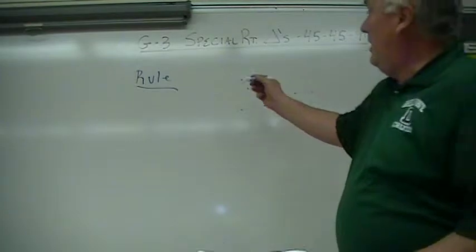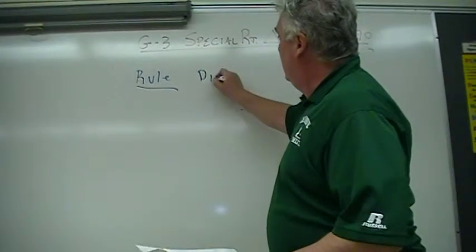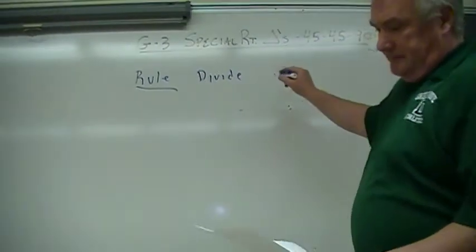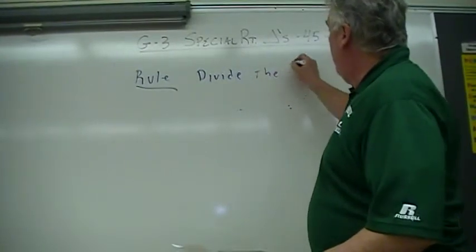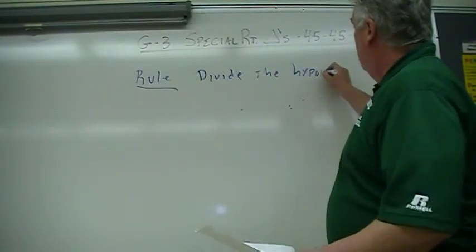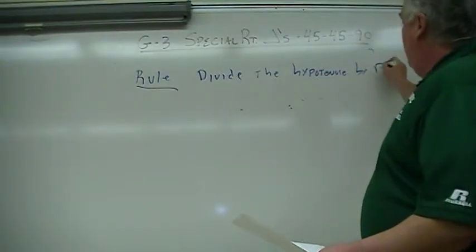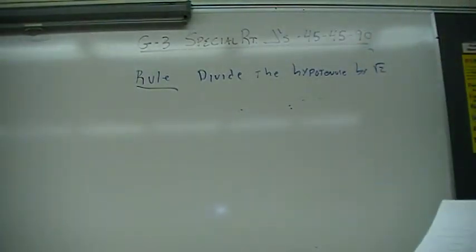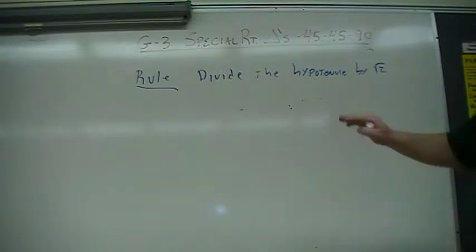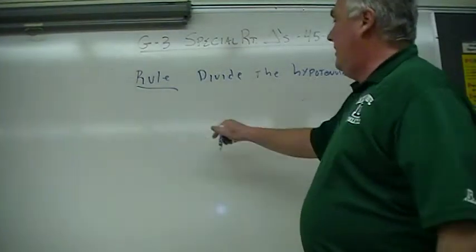When we know the hypotenuse, the rule is divide the hypotenuse by the square root of 2. So the other one was multiply the leg by the square root of 2. Here we divide the hypotenuse by the square root of 2.